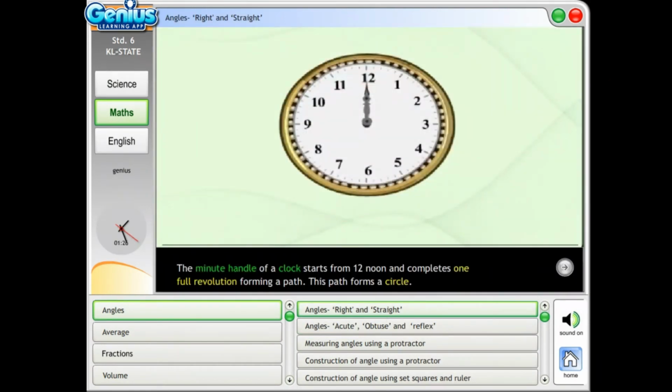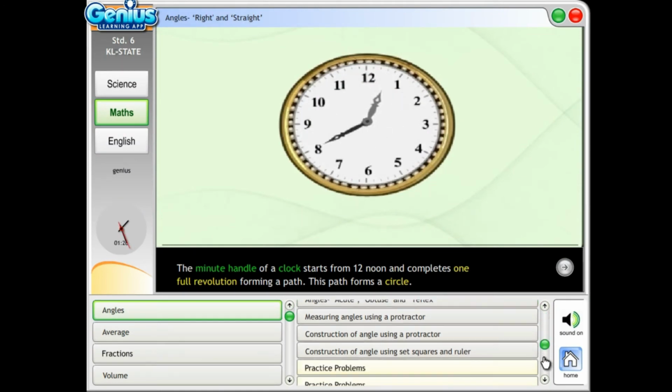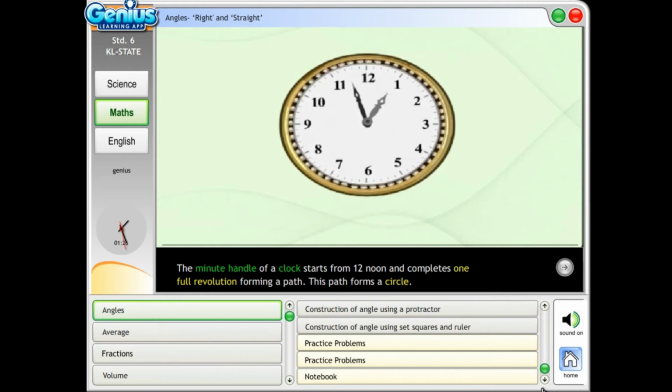Angles, right and straight. The minute hand of a clock starts from 12 noon and completes one full revolution, forming a path. This path forms a circle.